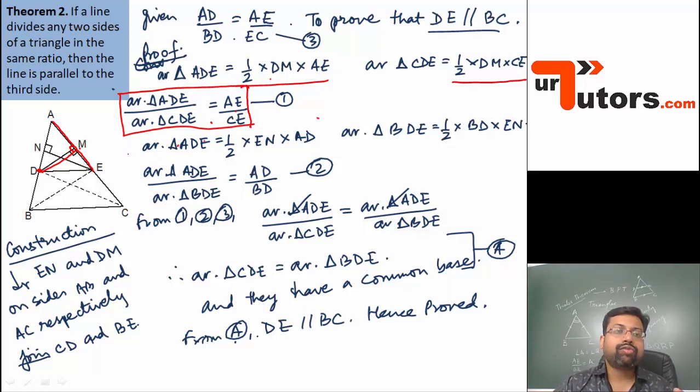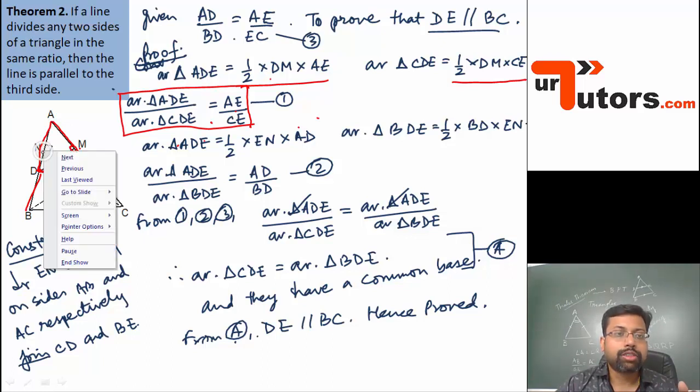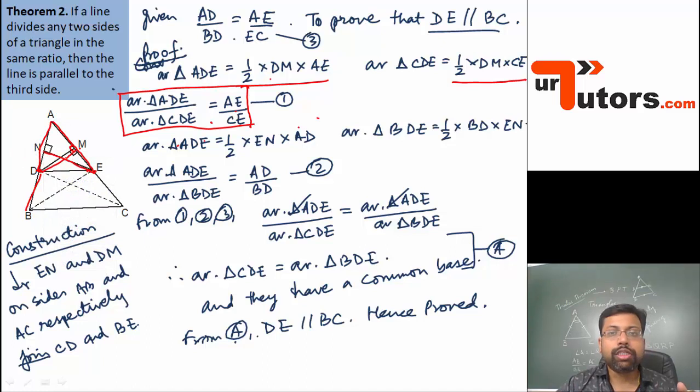Now again, area of triangle ADE is also equal to half into base, which is AD, into EN. And area of triangle BDE is going to be half into base, which is BD, and the perpendicular drawn from the opposite vertex to the opposite side, which is equal to EN again.